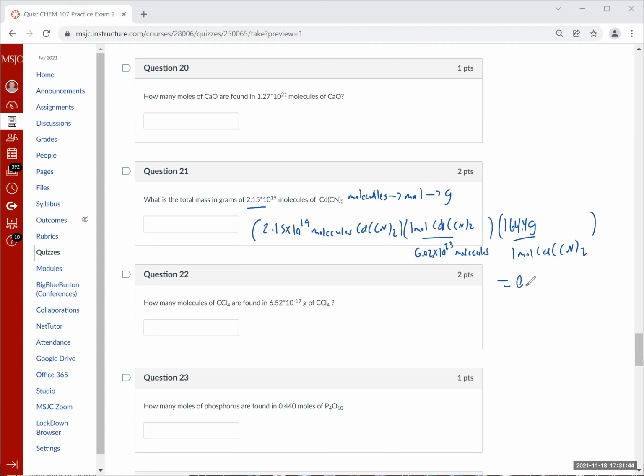And that in turn gives us 0.00587 grams. Does this make sense to everyone? Any questions on these examples so far?